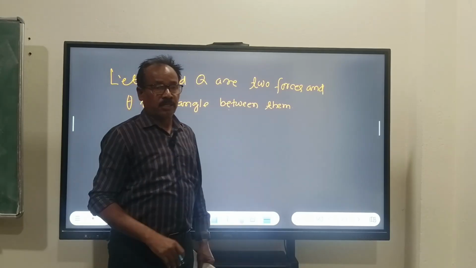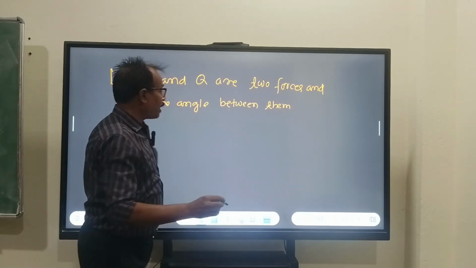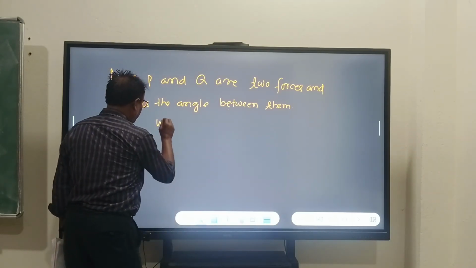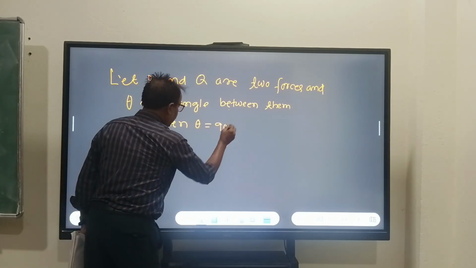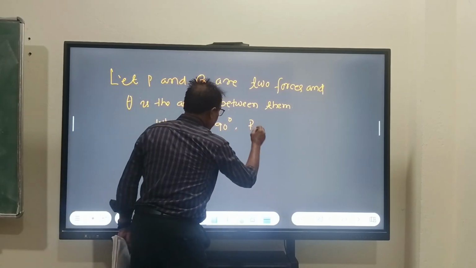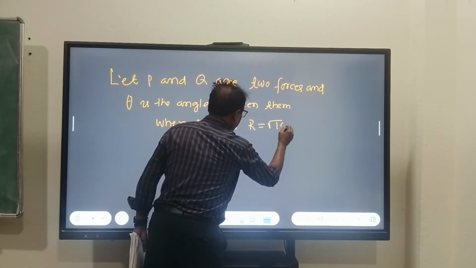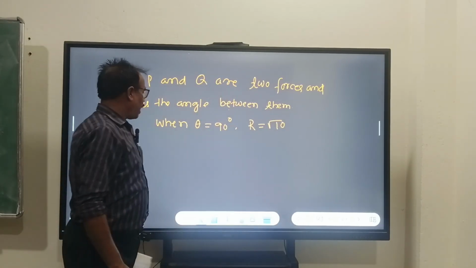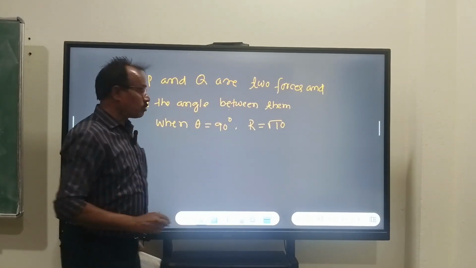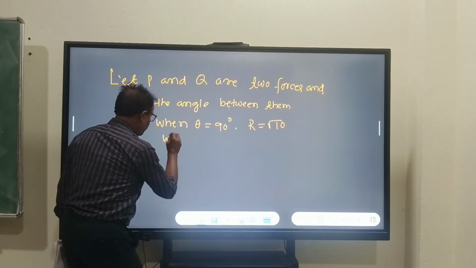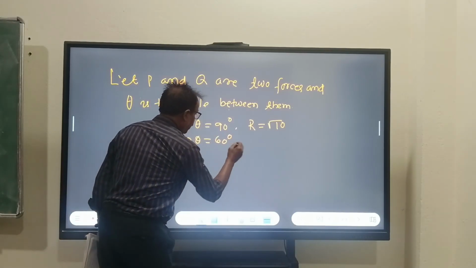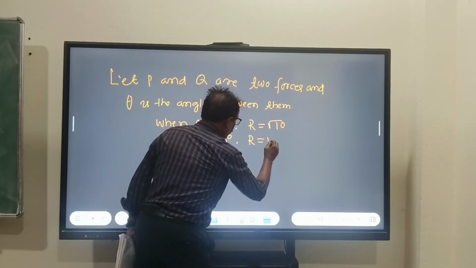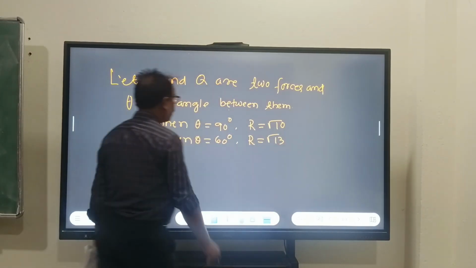According to the question, when theta is equal to 90 degrees, the resultant is root over 10. Then when theta is equal to 60 degrees, R is equal to root over 13.